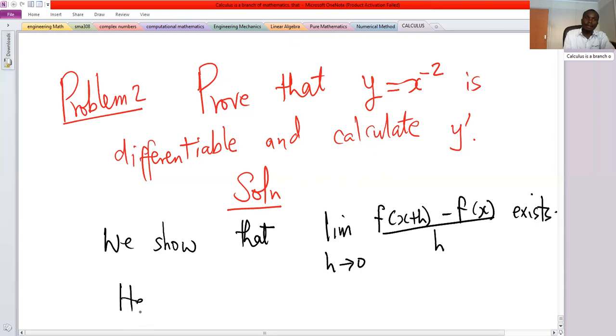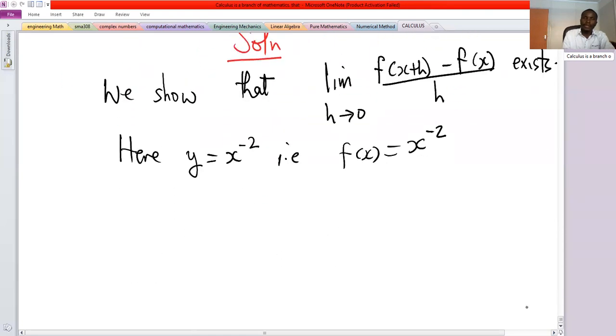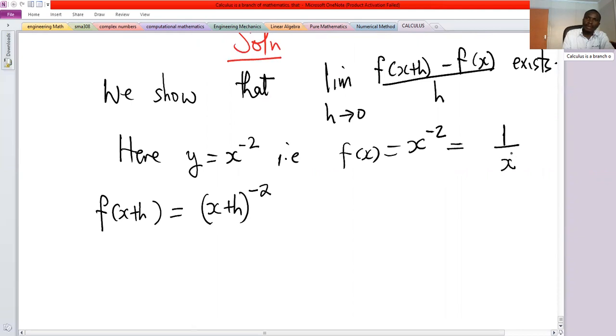Now here, we have y equals x raised to minus 2, i.e. f of x is x raised to minus 2. So f of x plus h will be given by x plus h raised to minus 2. This is the same thing as writing 1 over x squared, and this is the same thing as writing 1 over x plus h squared.